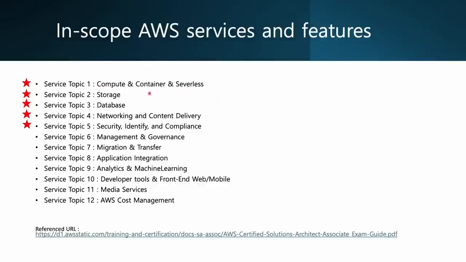And the part corresponding to the data tier is the storage and database. And in our presentation tier, we will cover the part about networking and content delivery. If we want to utilize this architected software in a more supplementary and robust way, the security, identity, and compliance parts will be important. So we are going to mainly cover these 5 service topics.